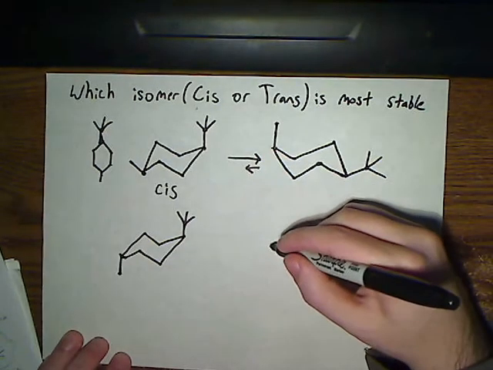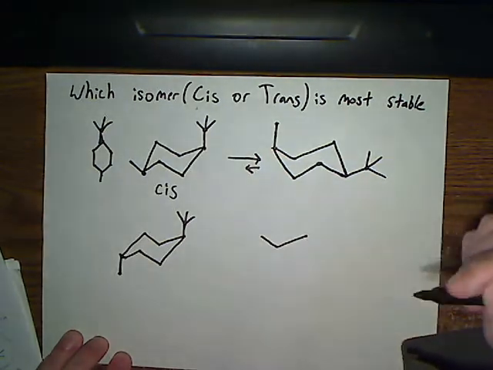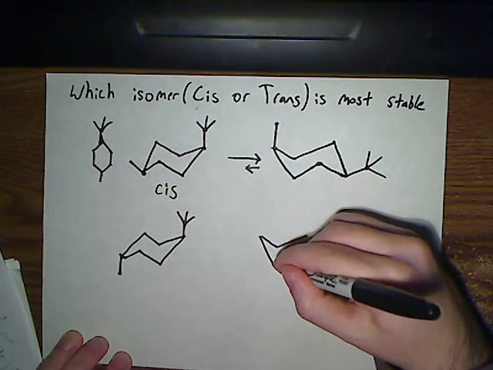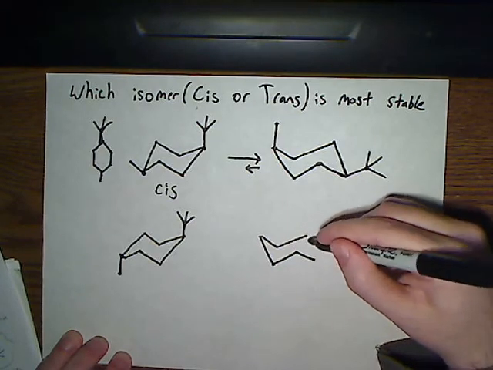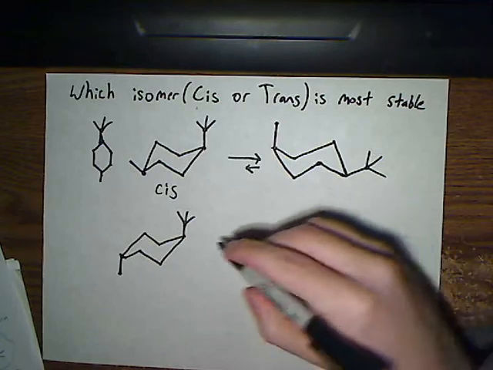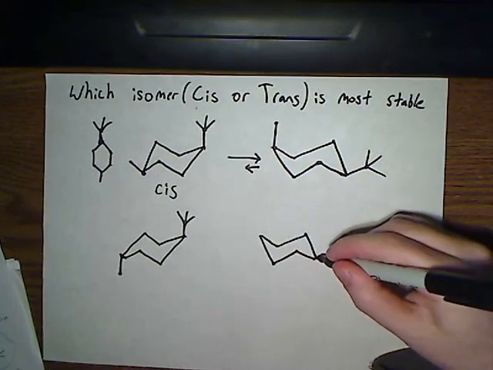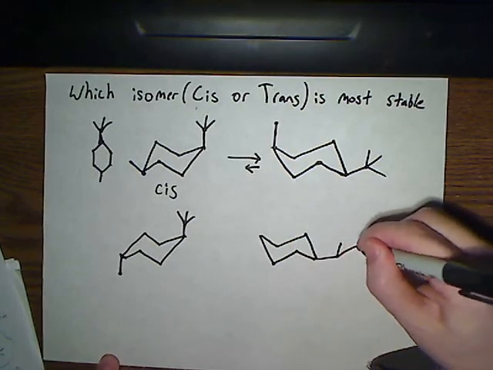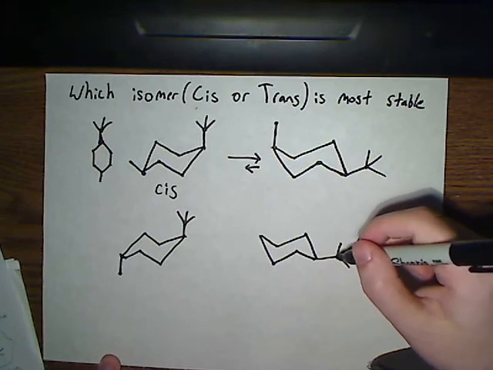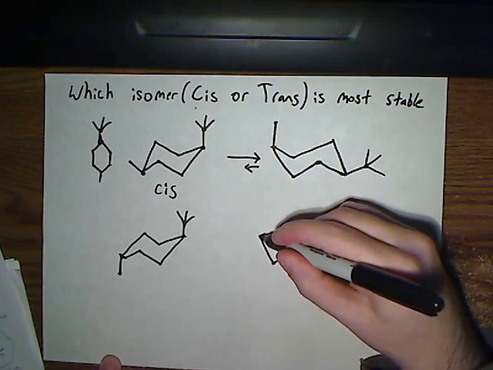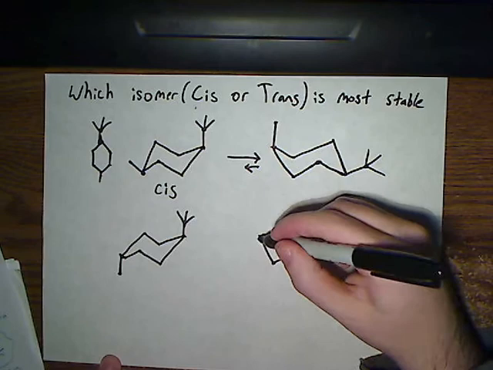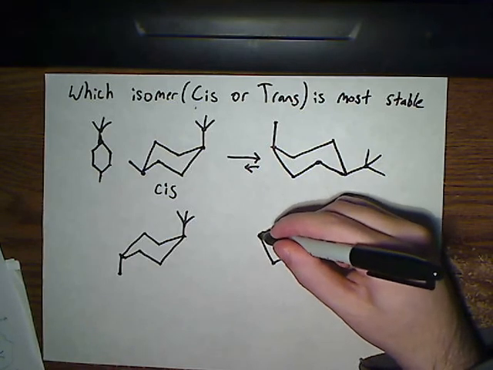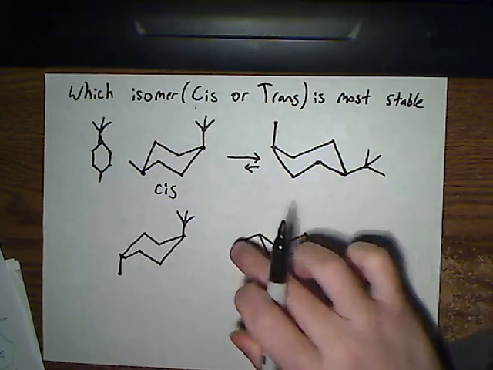And again, we have to draw the flipped chair, unfortunately. That's pretty good. Okay, so tert-butyl is here, and again it is equatorial. And again, we have to come to this guy, except now it's going to be down, so it's going to be a downward equatorial methyl.